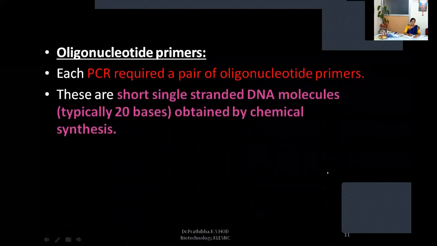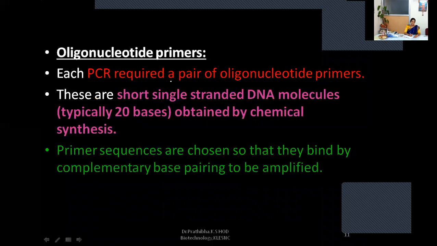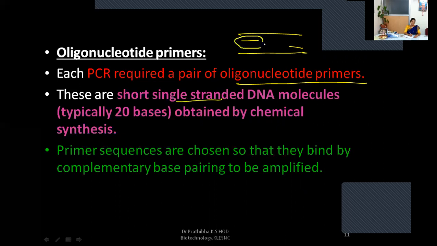Now let us go through the oligonucleotide primers. Each PCR requires a pair of oligonucleotide primers. Whenever we have a DNA molecule whose strands are separated, the primers go and attach to the opposite strands of the DNA fragment at the edges. This is the oligonucleotide primer and this is the oligonucleotide primer. These are short single stranded DNA molecules, typically 20 to 30 bases, obtained by chemical synthesis.